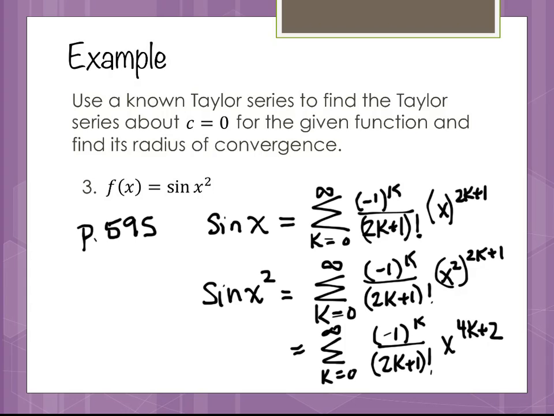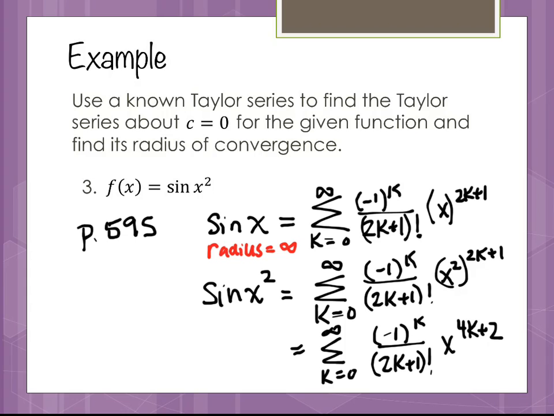We found the Taylor series, but we're also supposed to find the radius of convergence. So what was the radius of convergence that it told us in that table for sine? Yeah, and that's actually an interval of convergence, right? This one actually says radius, so we'll use the infinity.